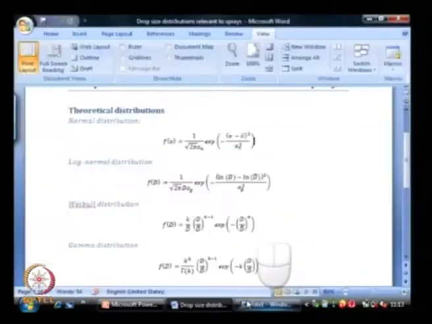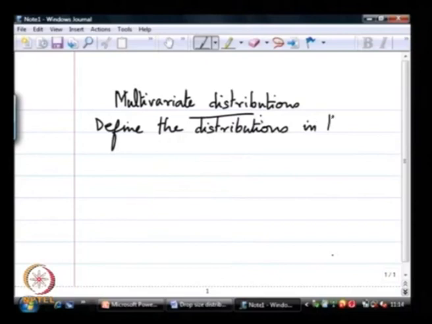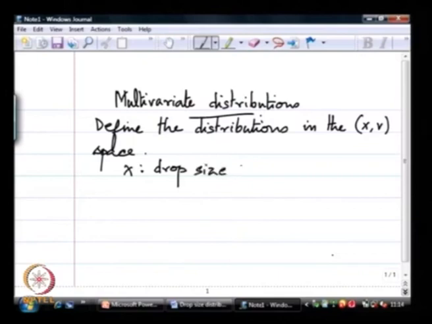We are going to define these distributions in the x-v space, where x is the drop size and x is any number between 0 to infinity.